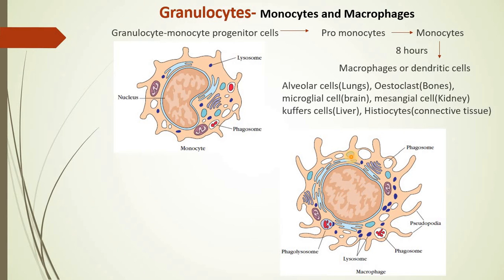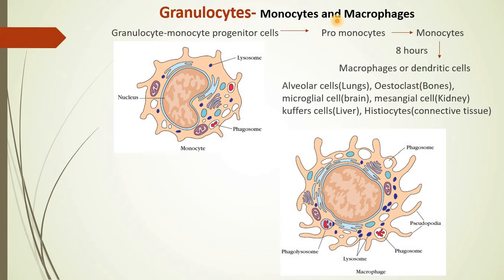An example is the RBCs. Now here I am going to talk about the granulocytes, including monocytes, macrophages, basophils, eosinophils and neutrophils, right? So let us begin with monocytes and macrophages.